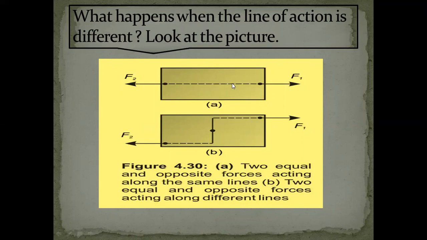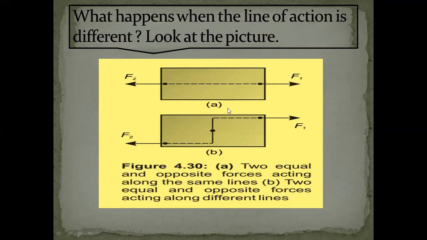Here, the summation of all the forces along the x-axis and y-axis must be zero. You have seen that there are two forces, F1 and F2. They can easily cancel each other's effect. These forces are along the x-axis.